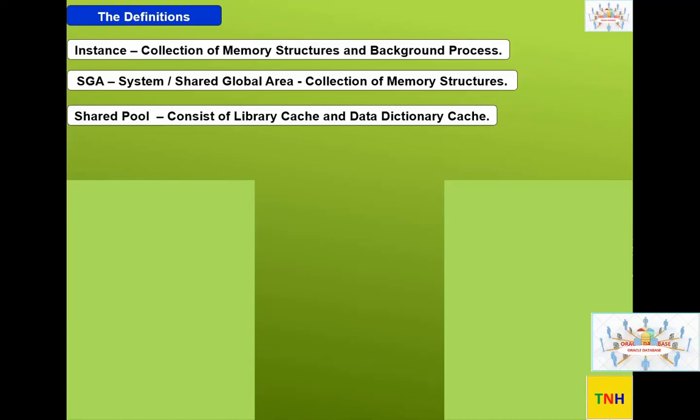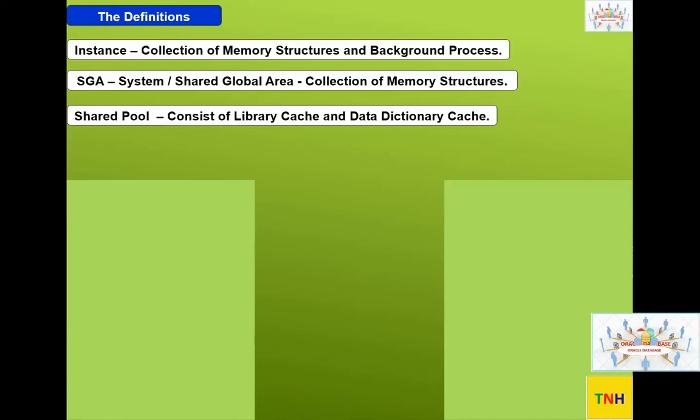So what is in the data dictionary cache? The content is the extracted portion of the data dictionary from the system DBF file. There is a reason for this, because to generate the execution plan, it needs support from the data dictionary cache. Let's say a particular select statement is asking for a particular table and a set of columns.